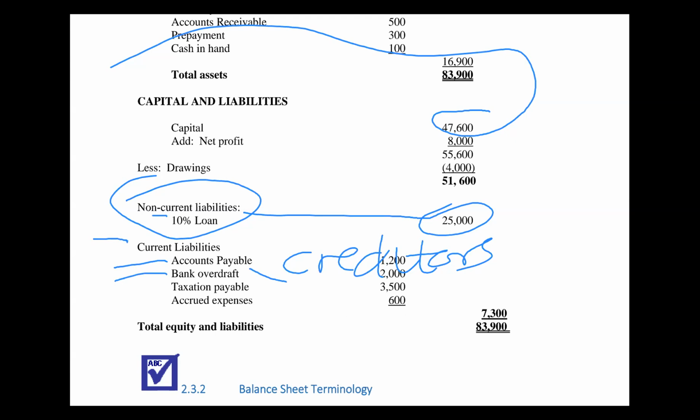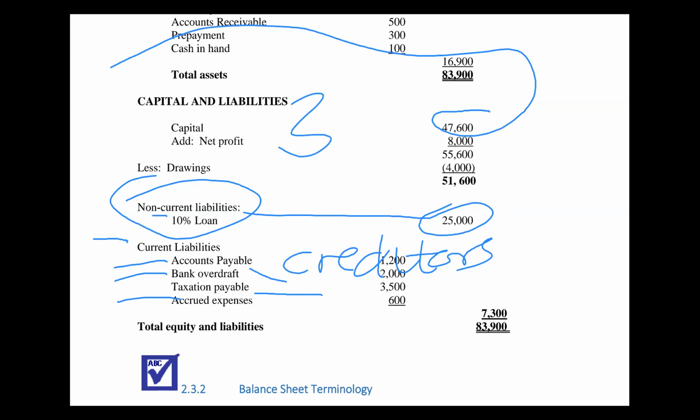And you have the outstanding tax or tax payable. Those are current liabilities. You have accrued expenses. The accrued expenses are expenses that you are supposed to incur, even if you haven't paid them yet. For example, you owe your workers. You have not paid your workers for 3 months.